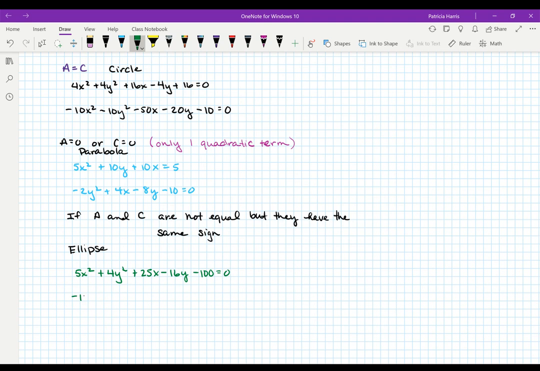Here's another one. Okay, again, that would be an ellipse.